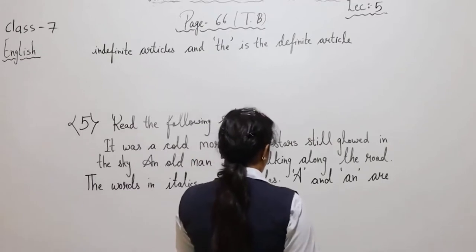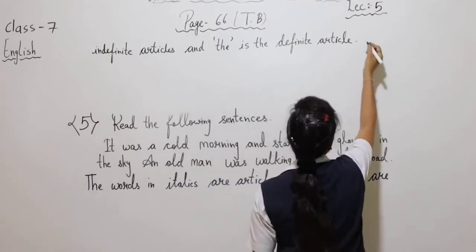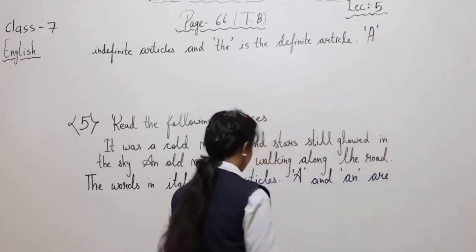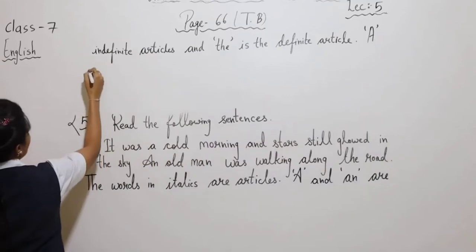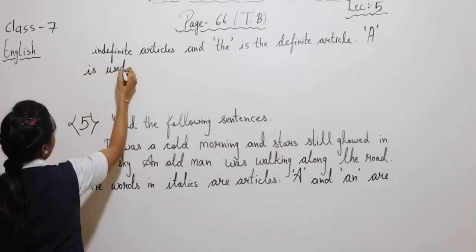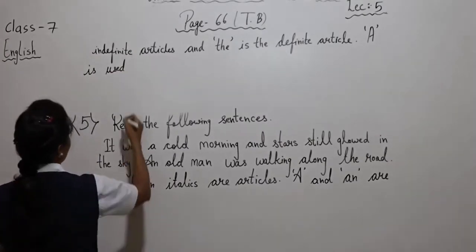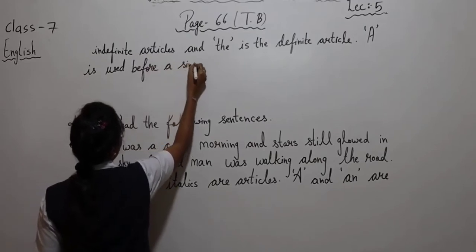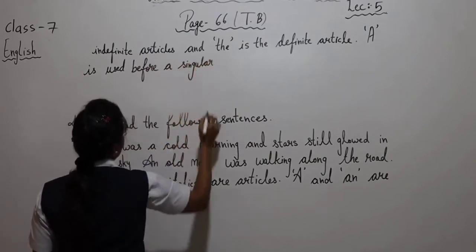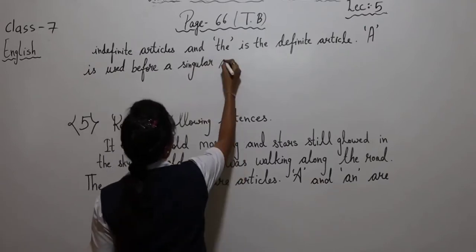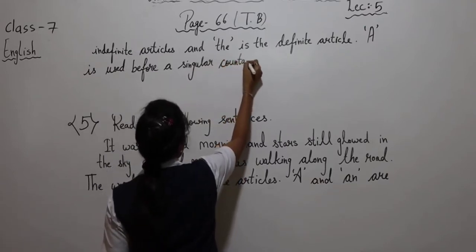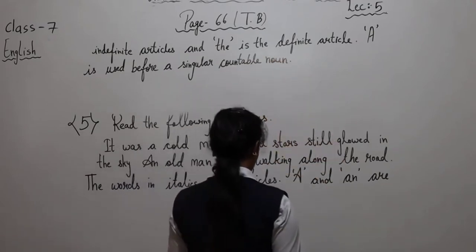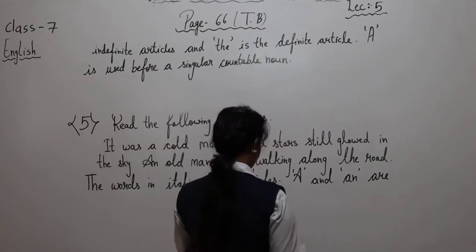Okay, so article a is used. Now where do we use a? A is used before a singular countable noun. We know what a noun is. Nouns are naming words.